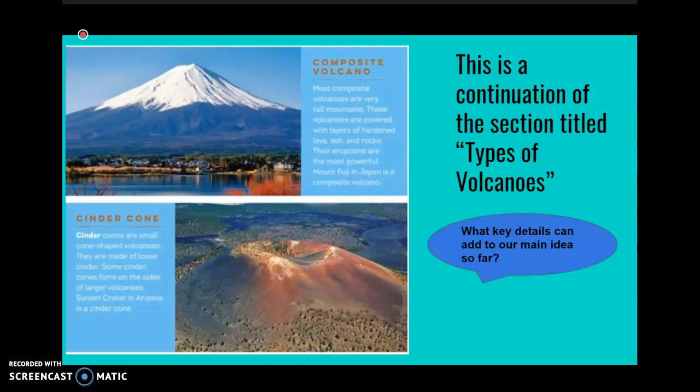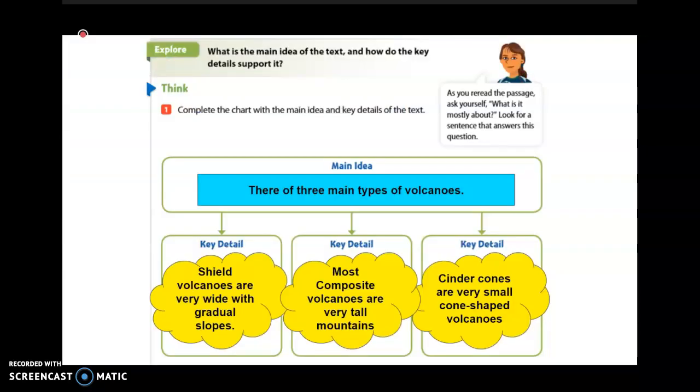Now, we filled out our organizer last week, and we're going to continue to look at how to fill out these organizers. So, when I am looking at the organizer for today, when I think about my main idea, we agreed that the main idea was that there are 3 types of volcanoes.